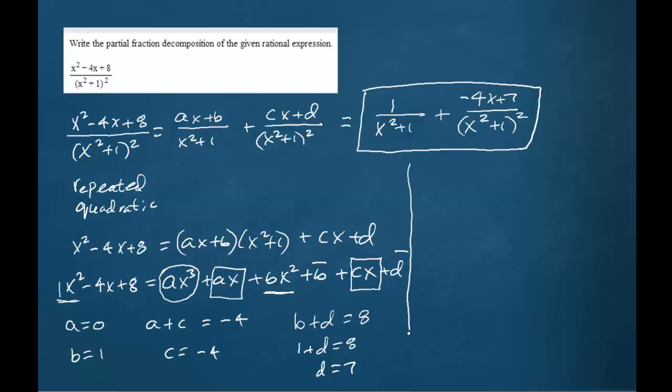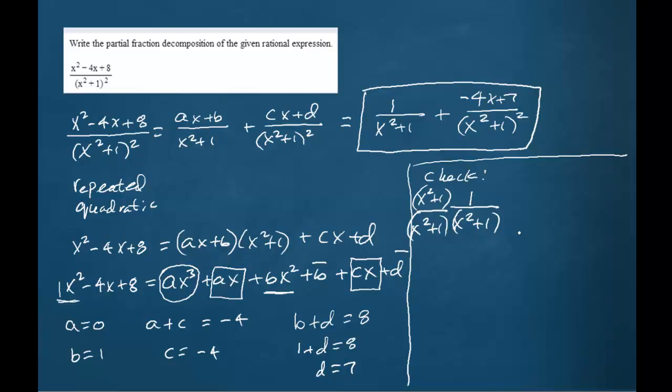If we're going to add a couple of fractions together, we've got to get a common denominator. So we would multiply the top and bottom of 1 over x squared plus 1 by x squared plus 1, so that now we have a common denominator.